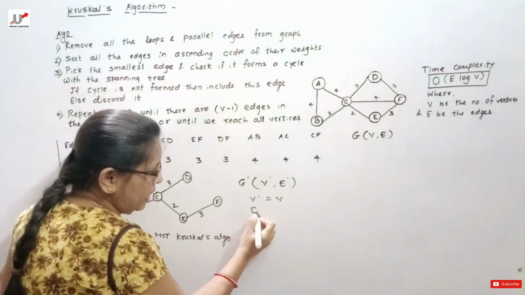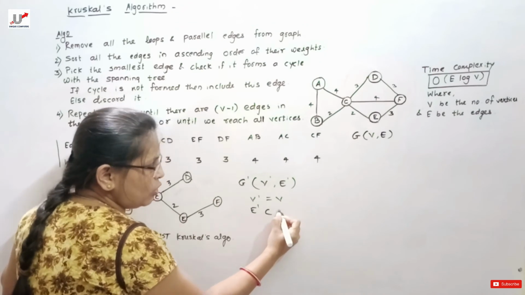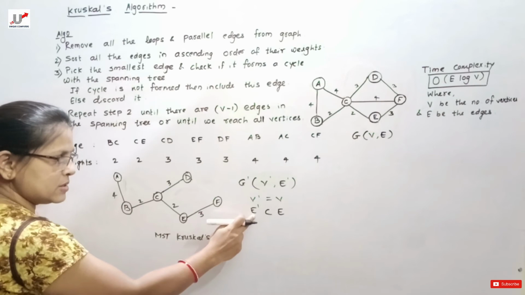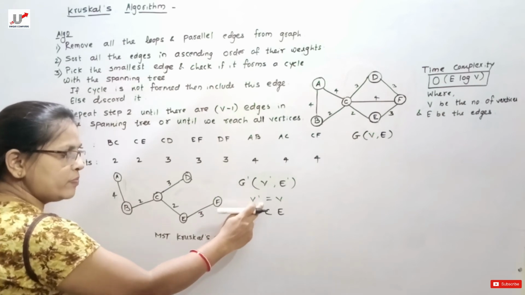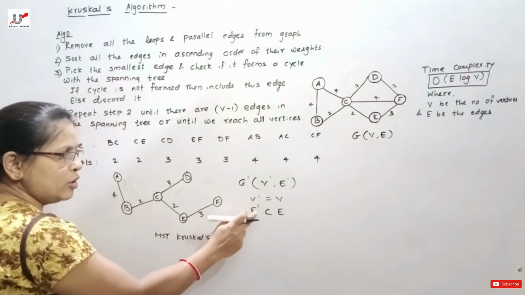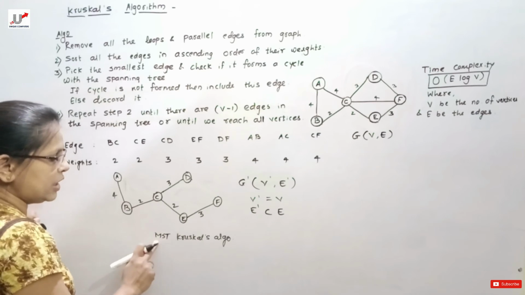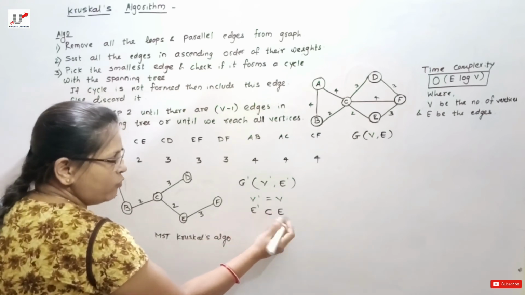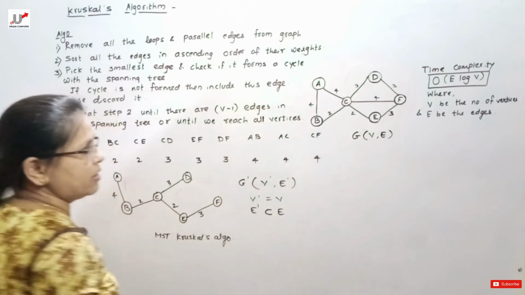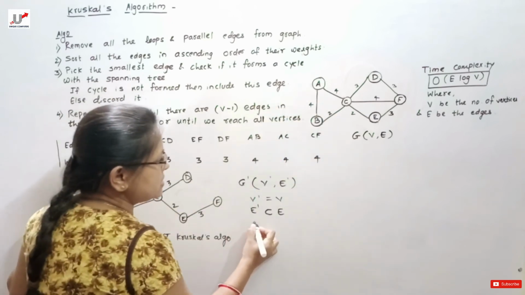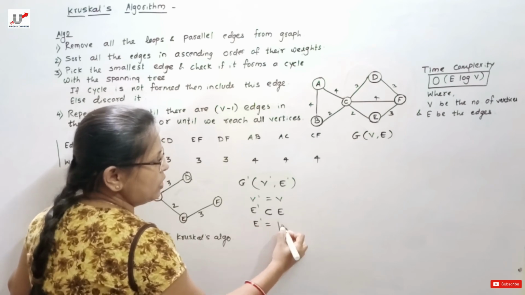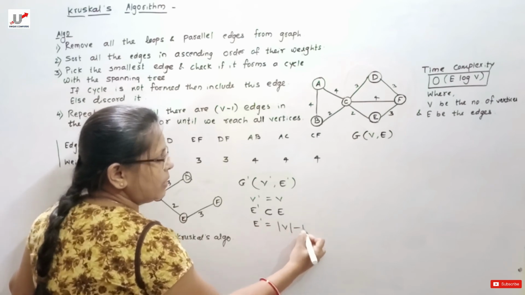Then E dash should be a subset of E. The next property is that the edges included in the minimum spanning tree should be a subset of the edges in the original graph. And then next, the number of edges is equal to the number of vertices minus 1.